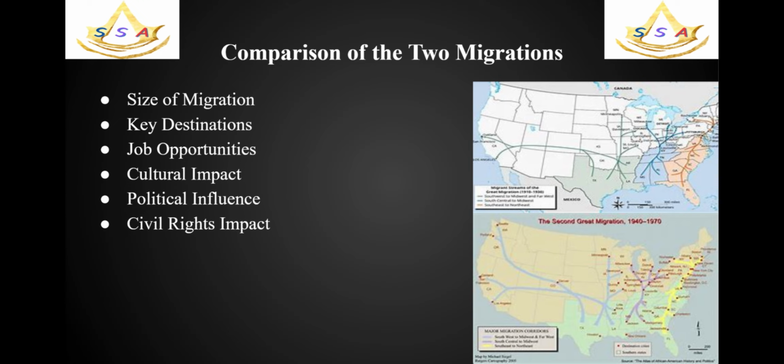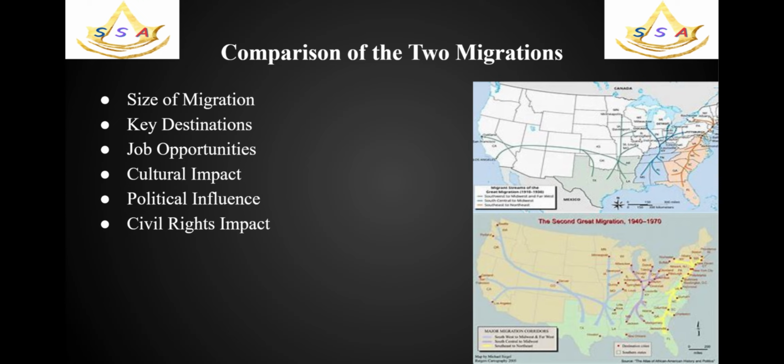And then the civil rights impact. The Great Migration laid the groundwork for the civil rights movement by increasing the concentration of African Americans in northern cities, where racial segregation was less rigid but still present. While the migrants of the period still faced discrimination, their relocation to the North set the stage for civil rights activism.